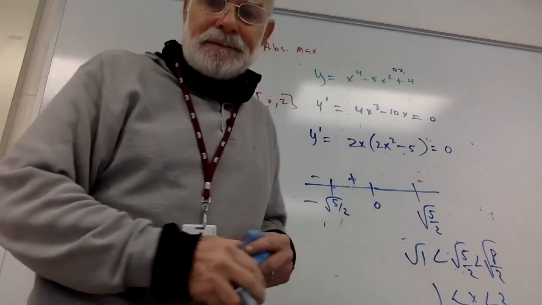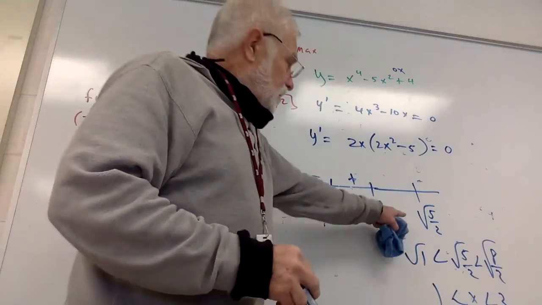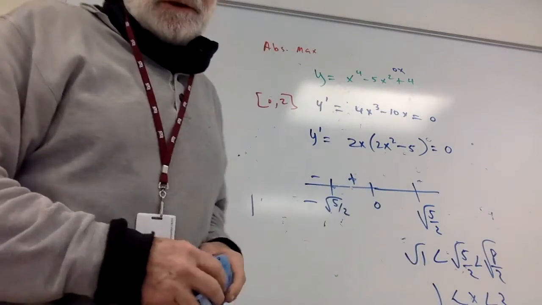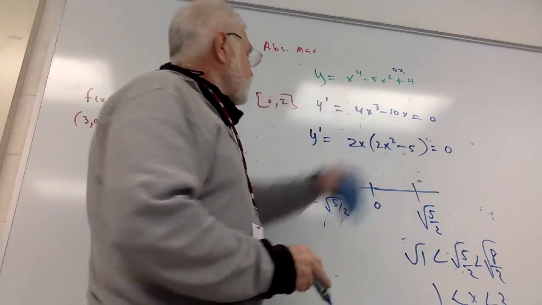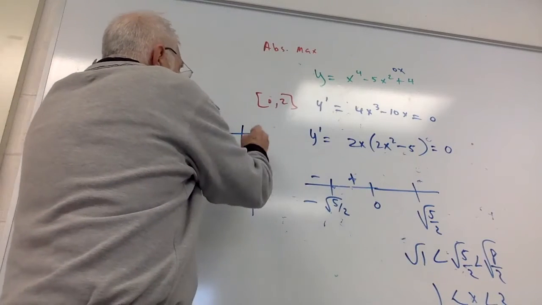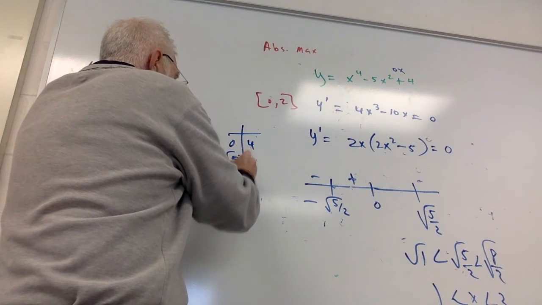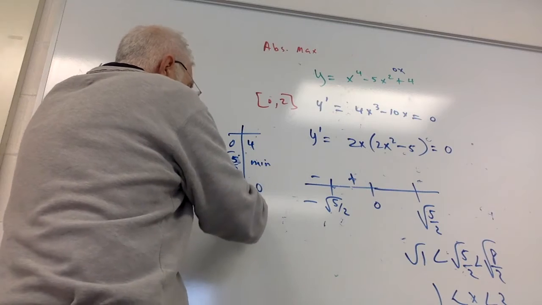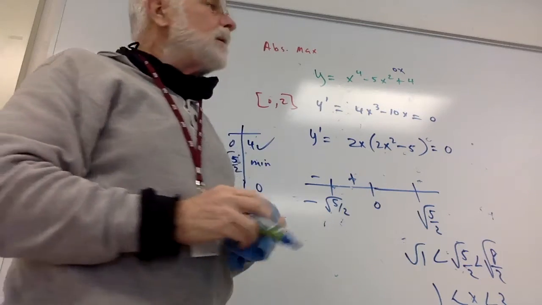So I get a minimum. So 2 comma y is bigger than root 5 over 2 comma y. But I'm looking for maximums. So the only critical number that we got is 0. 0 gets us 4. Root 5 over 2 gave us a minimum. And 2 gave us 0. So where's the max? Y value of 4.